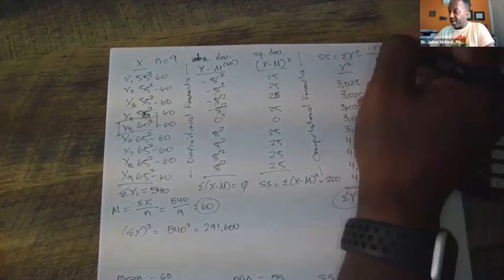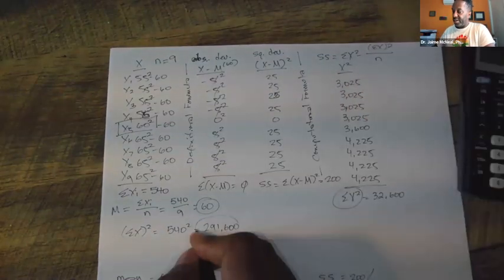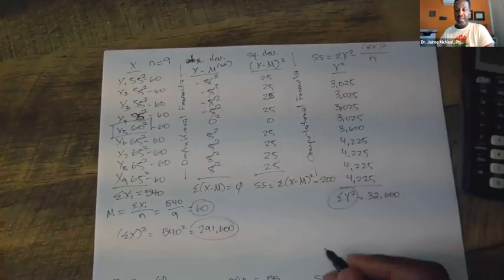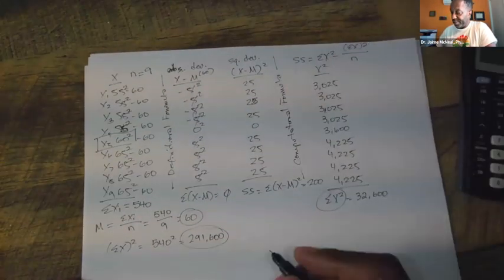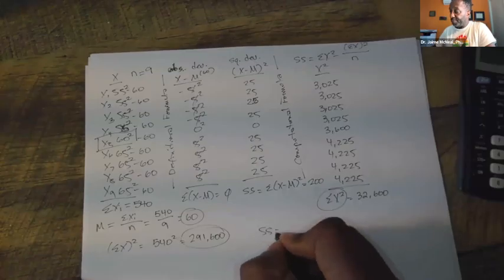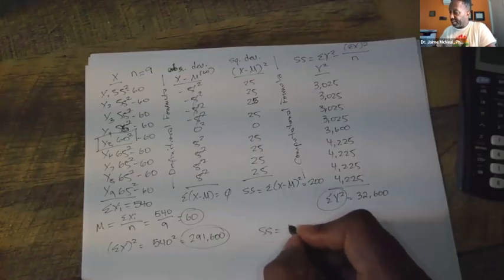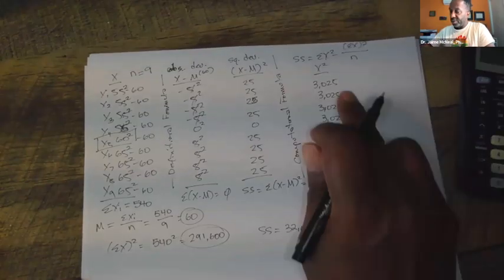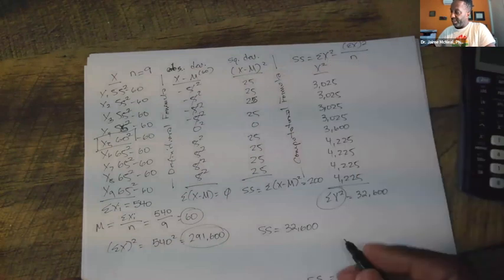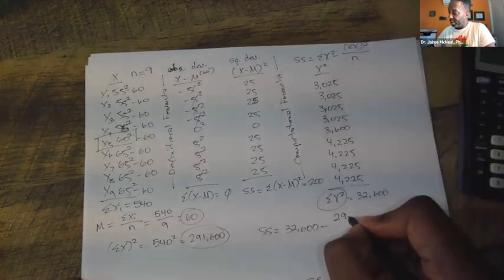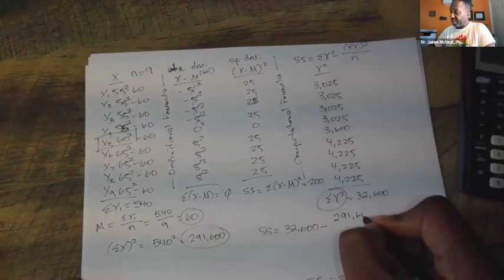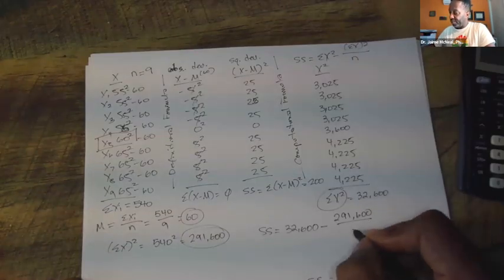We know the sum of x squared, which is here. Now all we have to do is plug in the formula to get the answer. The sum of squares formula is 32,600, which is the sum of all the squared x's, minus the sum of x squared, which is 291,600, divided by n, which is 9.